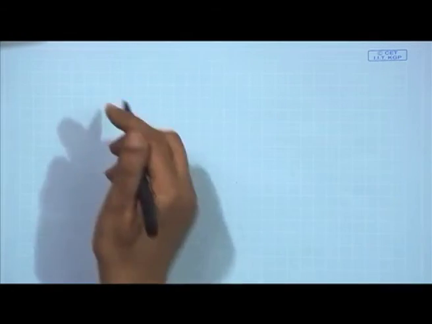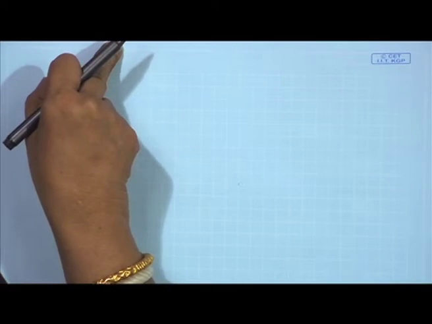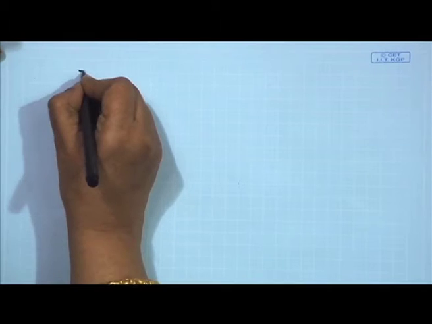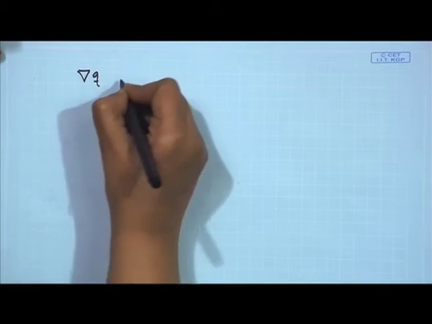Here the function q would be x1 plus x2 plus Ck times P(x). Again, the same thing: P(x) we can define. If it is in the feasible space, that would be 0. If it is not in the feasible space, then it will be the corresponding (x1 square minus x2 minus 2) square. Now let me find the gradient of the function q.